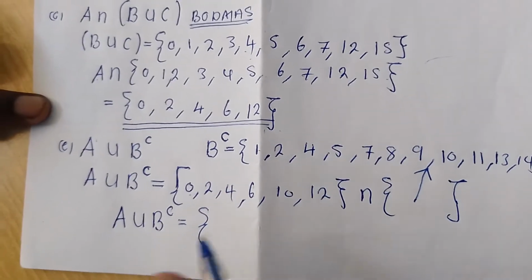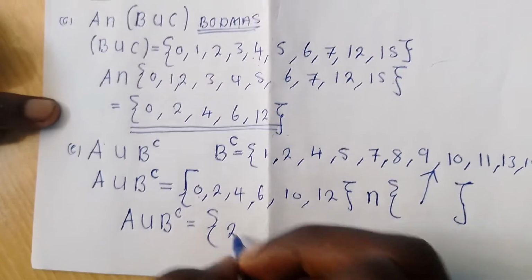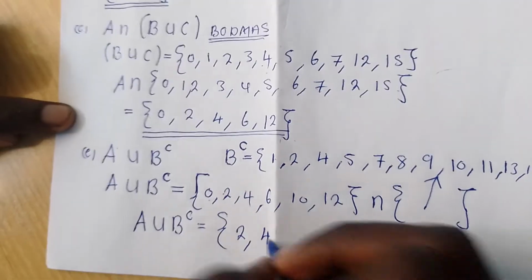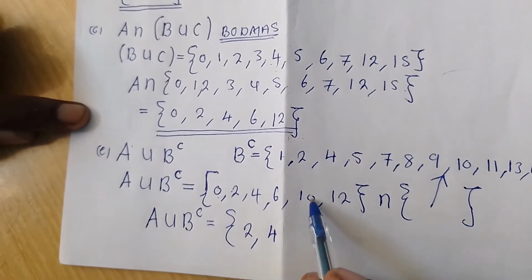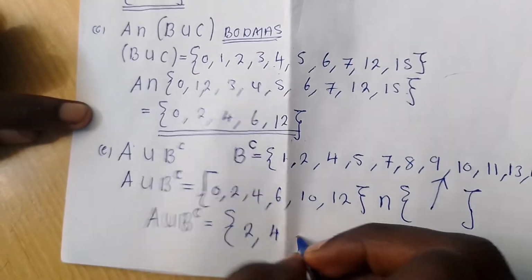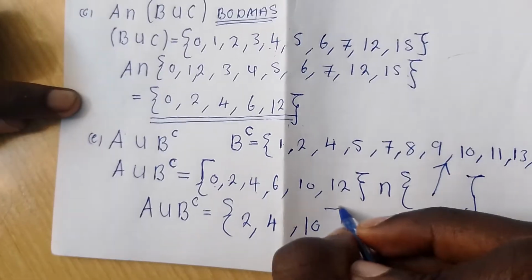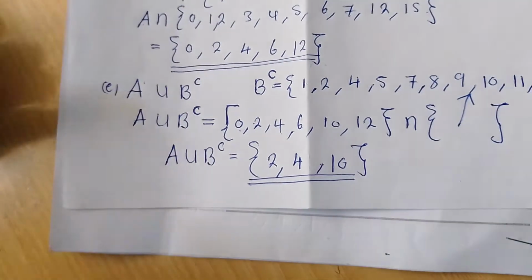So you discover that you are going to have a 2, a 4, 6, there is no 6, 10, there is 10. What else? Nothing. Therefore, this happens to be the answer.